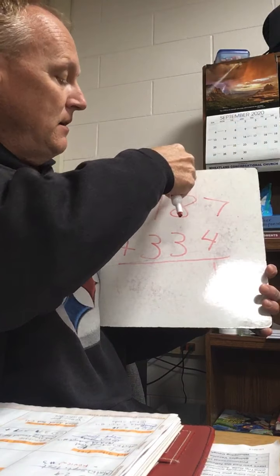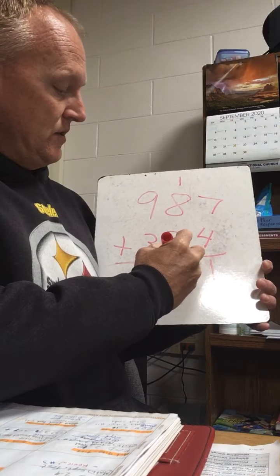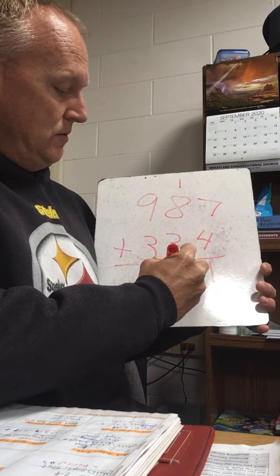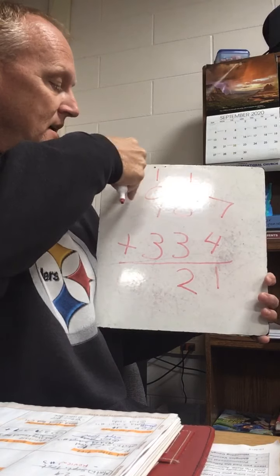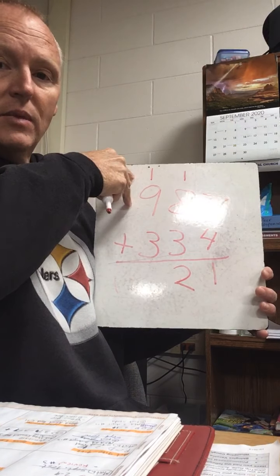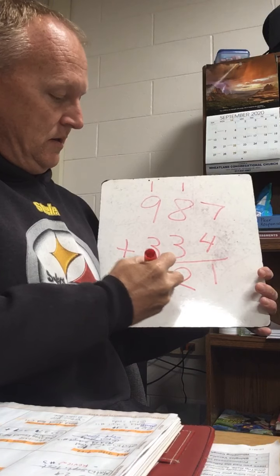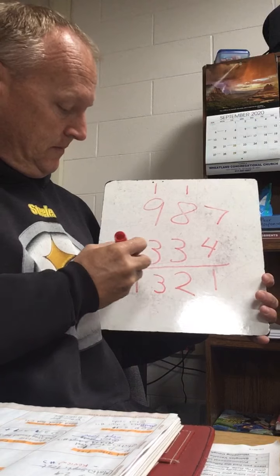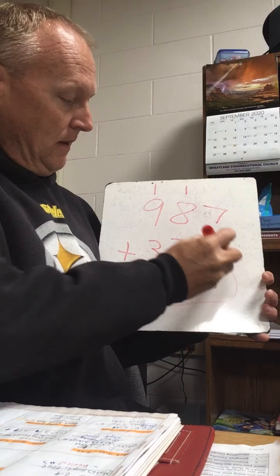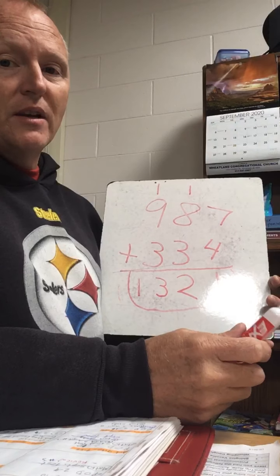We'll have 9 plus 3, and that gives you 12. So you bring down your 2, and you carry your 1. So here we would have 10 plus 3, that would be 13. So you have 1,321. Okay, that would be your sum.